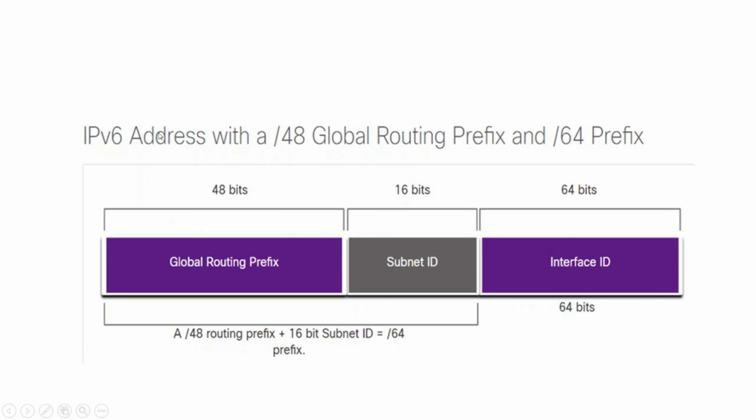Okay, so here we have a /48 global routing prefix. 16 bits is used for the subnet ID. So a /48 routing prefix plus 16 bits gives 64 bits, because the IPv6 address has a /64 prefix length.